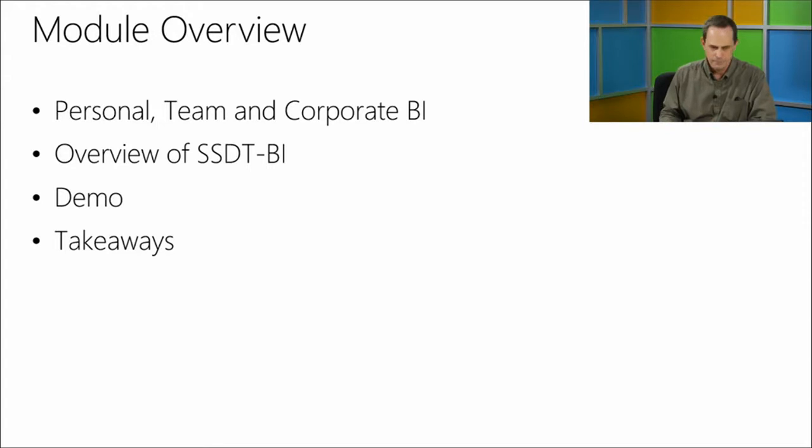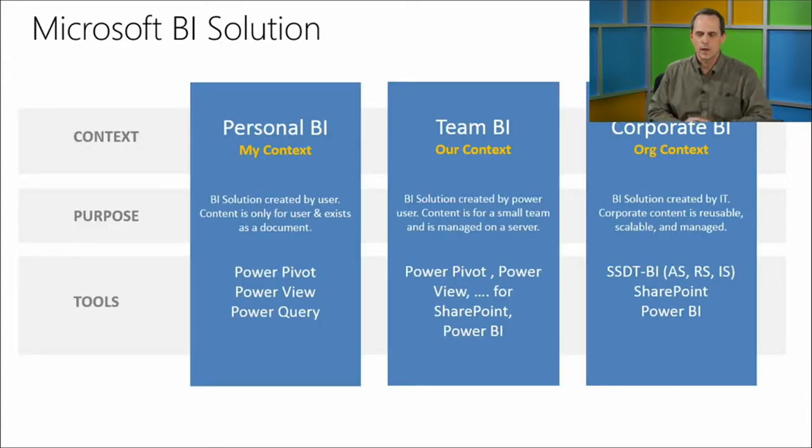Sounds great. Very good. Okay, so as I mentioned, Microsoft has three BI offerings or stories that we like to enable for our customers. The first one is what we like to call personal BI, and that's basically BI content that is created by the user.